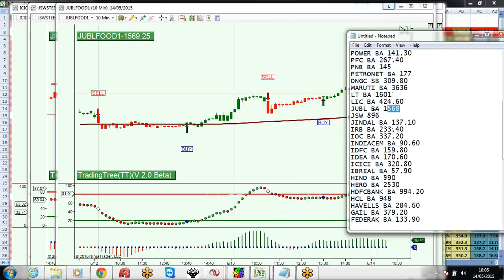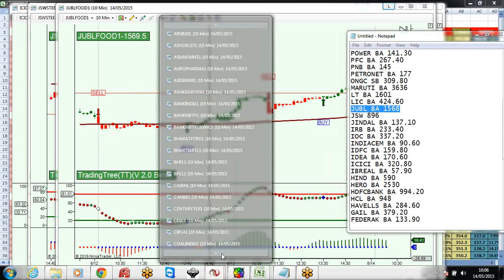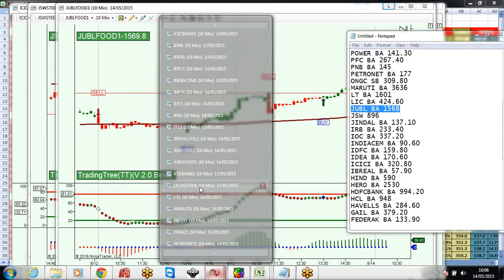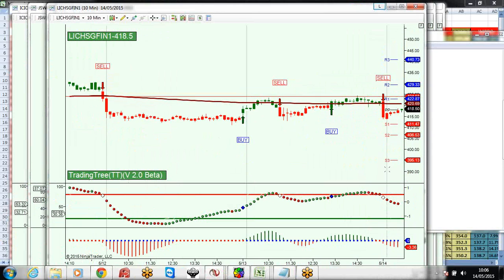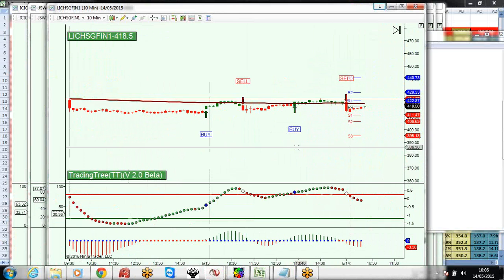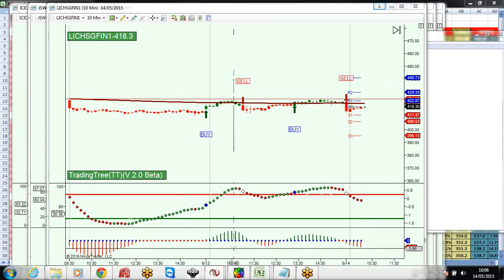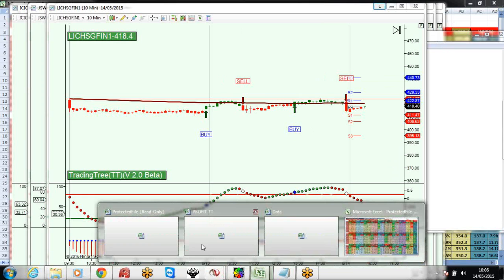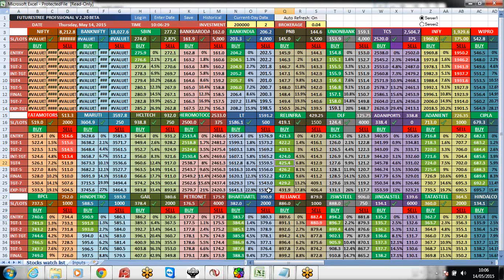Jubilant Food, the entry is 1568. Now it is at 1569. So Real Infra has done its final targets here.